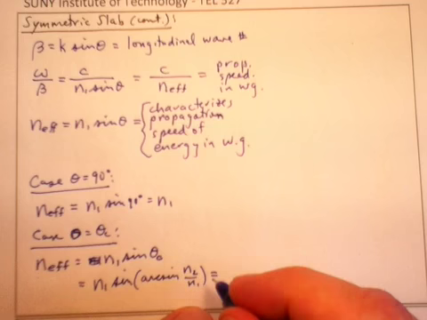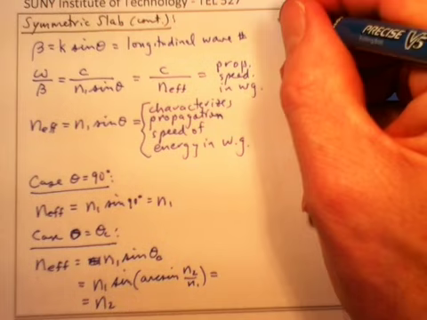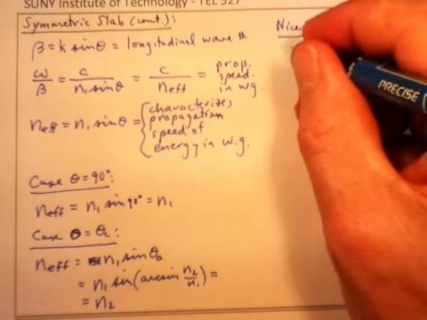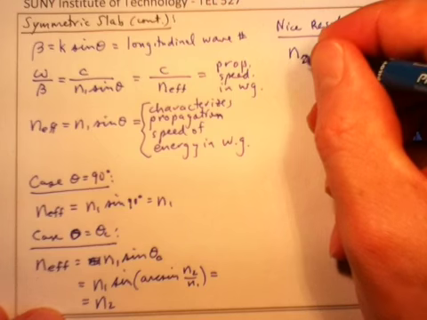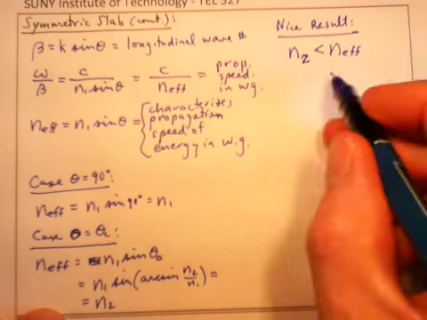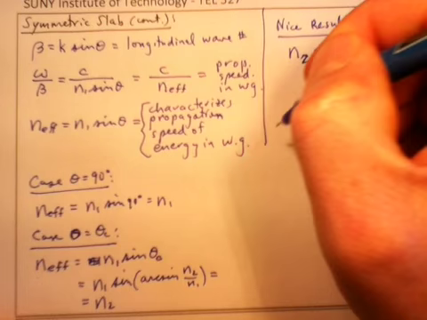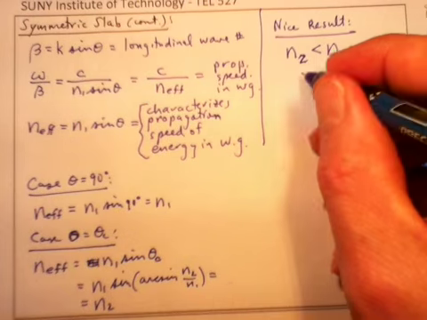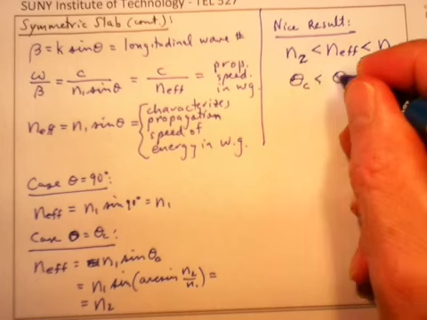So now we see this really nice result: the effective index is in between the lowest possible value n2 and the highest possible value n1. And we also see this corresponds to the fact that theta is in between the critical angle and 90 degrees.